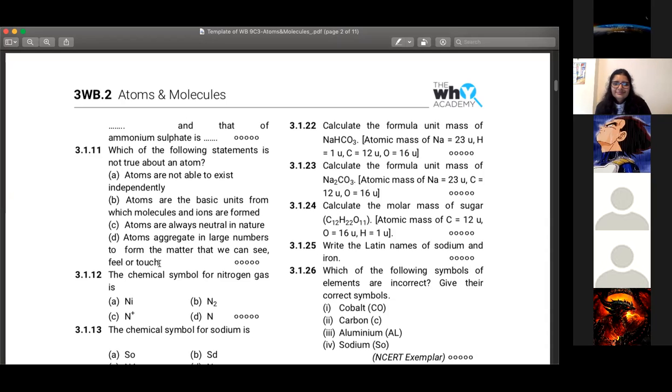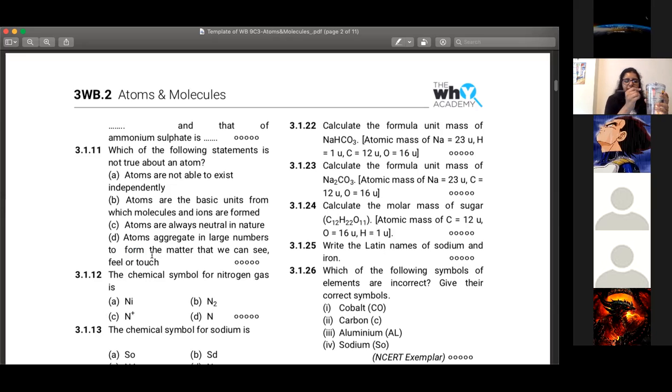But that's what D is saying, right? Not individual atoms, but when they aggregate in large numbers, meaning they collect together in large numbers to form the matter that we can see, feel, or touch. So if I have this, what is this made up of? This glass. Atoms.